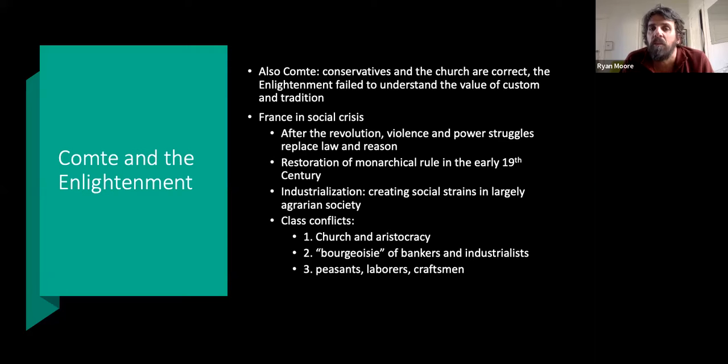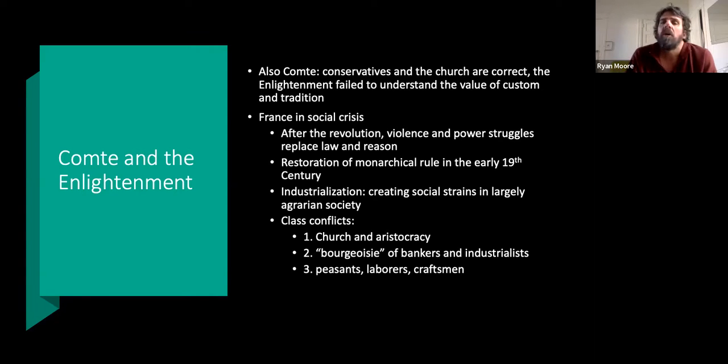Maybe the Enlightenment failed to understand the value of tradition and custom, especially insofar as it was embedded in religion. There's part of Comte that thinks we shouldn't just throw out religion and tradition in the name of science and reason.